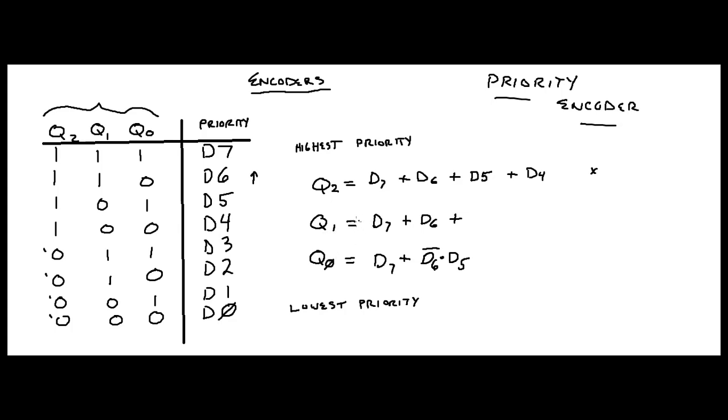So now, let's look at Q1. Q1 is 1, right? For D3. But if you look above it, you have a 0 here and a 0 here.